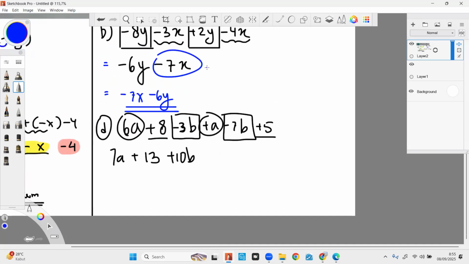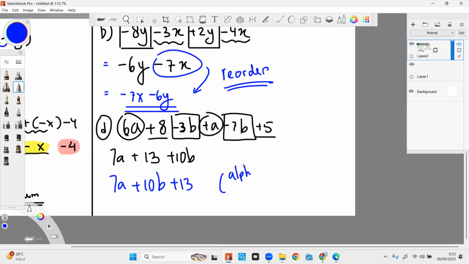And usually, another way, guys, for question D, you need to reorder. And you also have to reorder, but put the number that has no variable, which is called a constant term, at the end. So you put the constant at the end. So 7a is already at the front, plus 10b, because it's already A and B, alphabetical order, and the 13 goes on the right side. So you put in alphabetical order, and also the constant at the end.